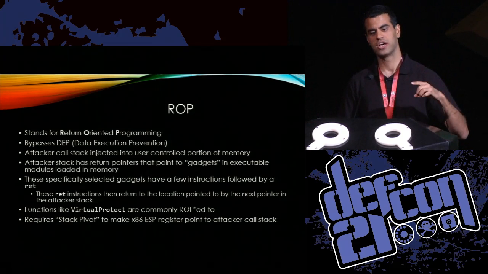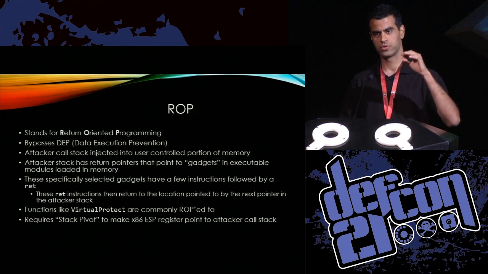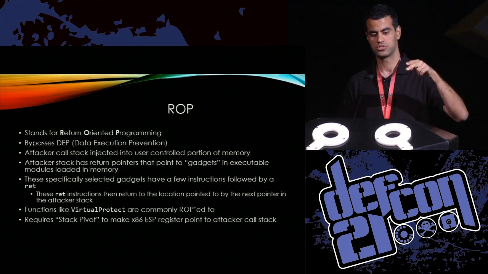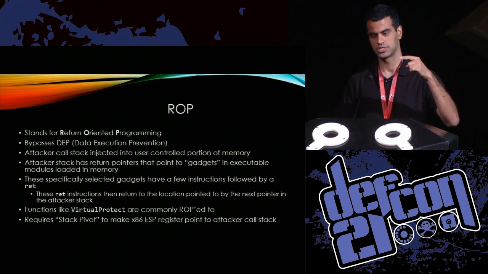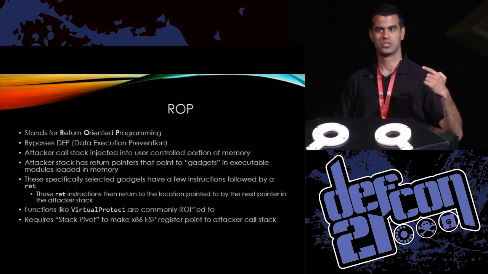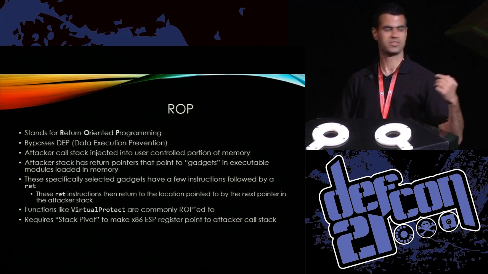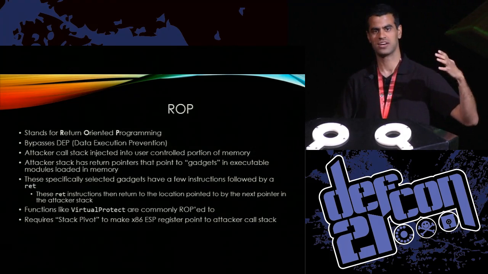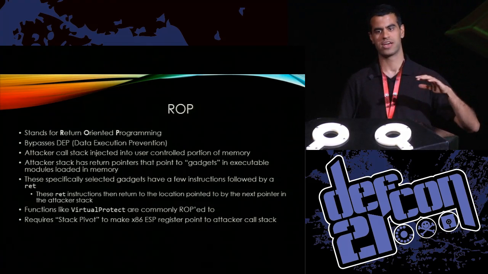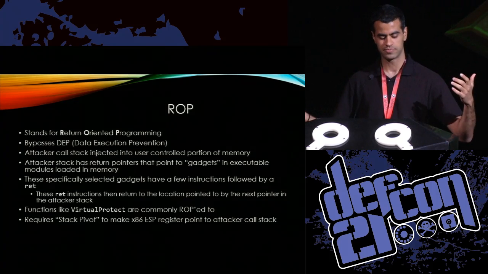So the attacker sets these return pointers to always point to loaded modules that are valid to be executed, a few instructions before a ret instruction. So you can chain these together, and then you can achieve the attacker's intention without actually injecting code. They're just reusing code that's already valid to be executed.